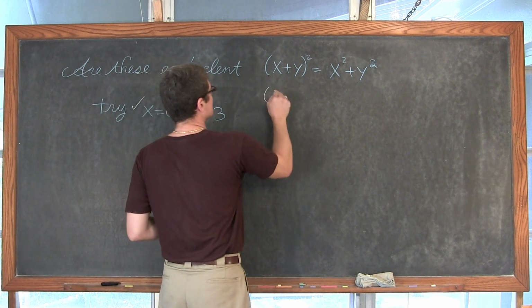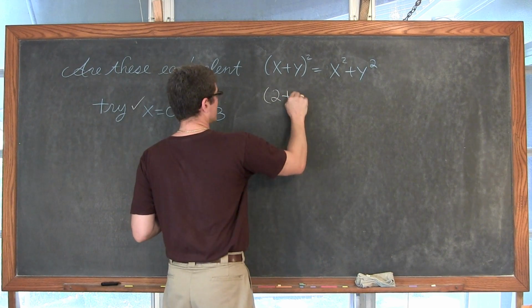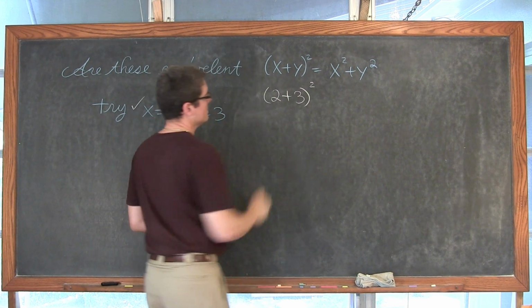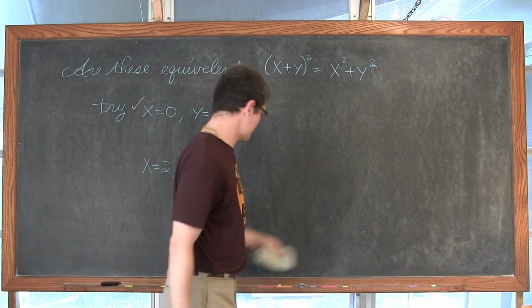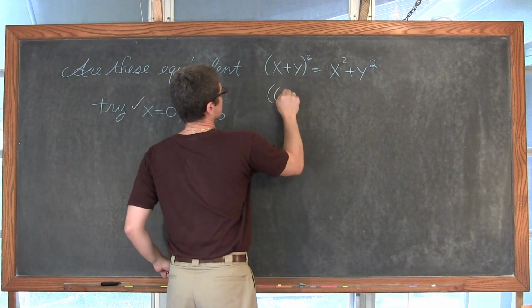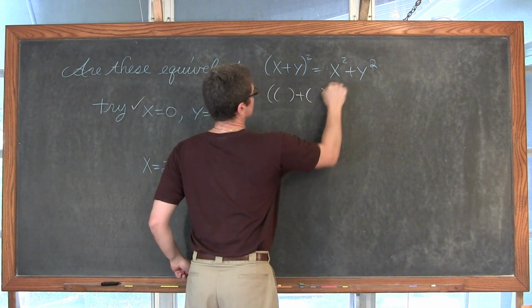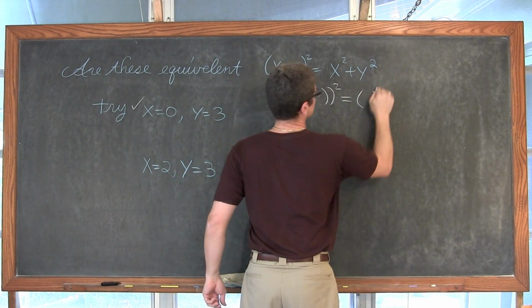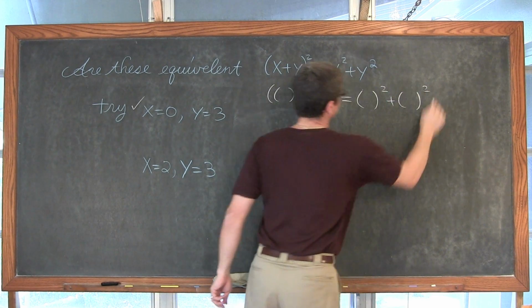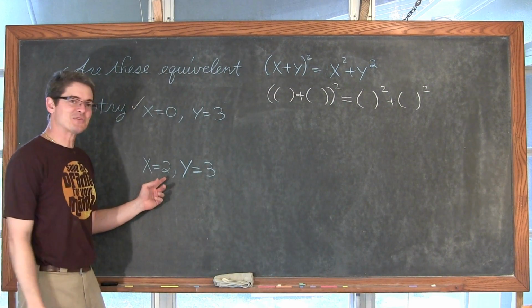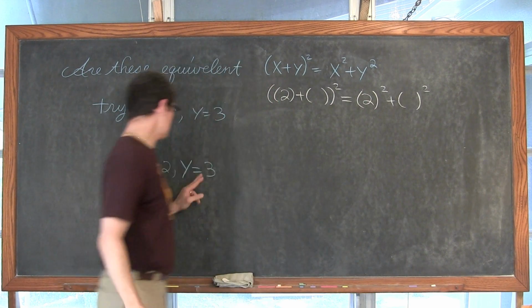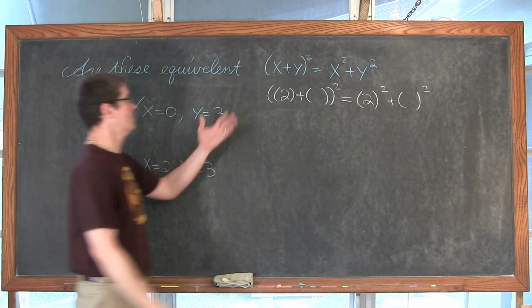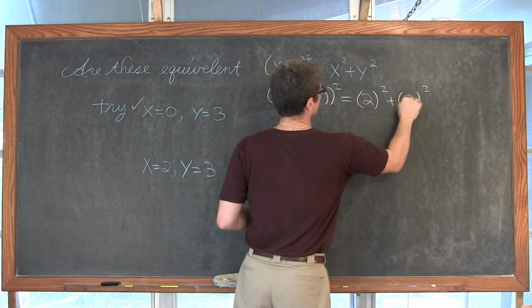So, parentheses, 2 plus 3 squared, and I'm actually being a little lazy here, not using my parentheses, so let's just do this. Okay, our x value again is 2, so everywhere there was an x, I'm going to put in a 2. Our y value is equal to 3, so everywhere there's a y, we're going to put a 3.